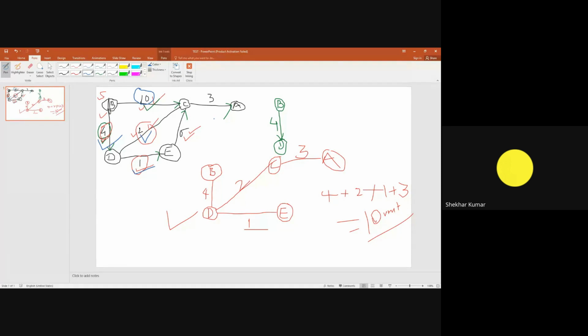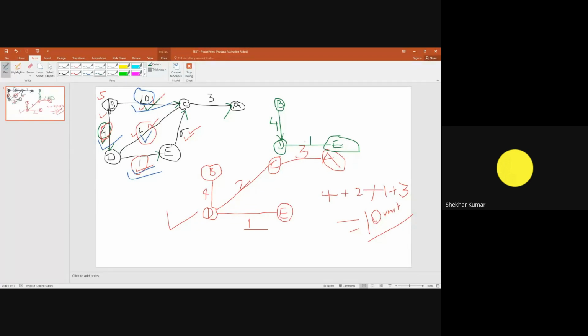But from D to C we cannot traverse because there is no direction from D to C. We cannot go from D to C, but we can go from D to E. So we select the next minimum among 10 and 1. The minimum is 1, so we will select D to E, and the cost is 1.